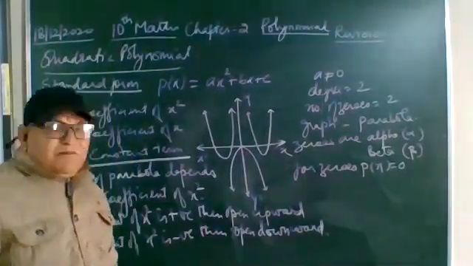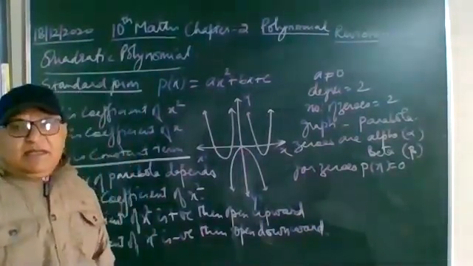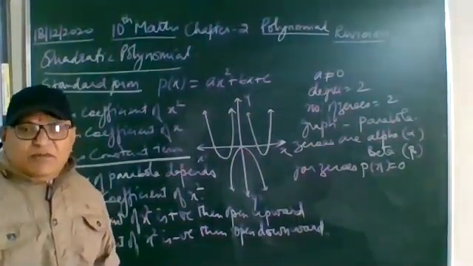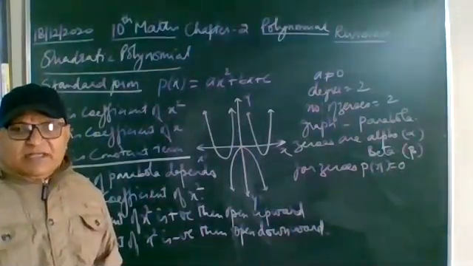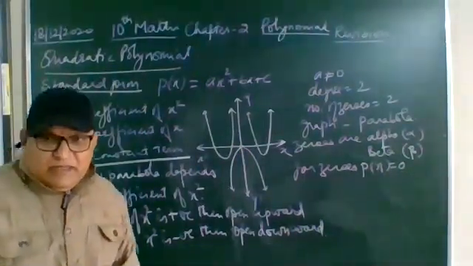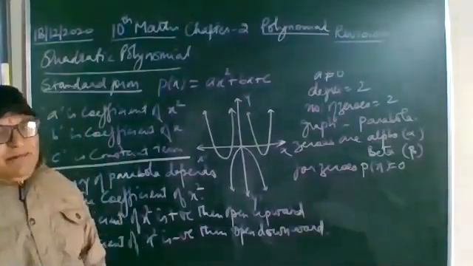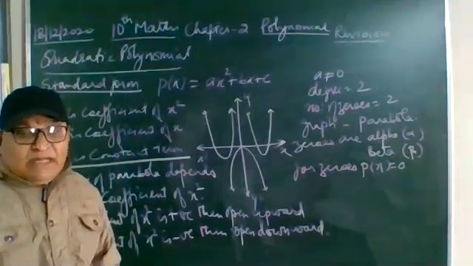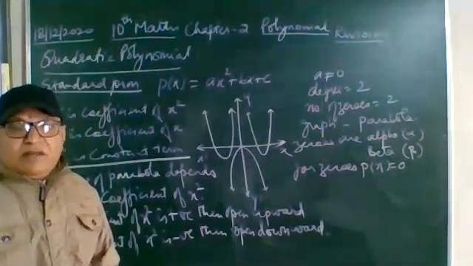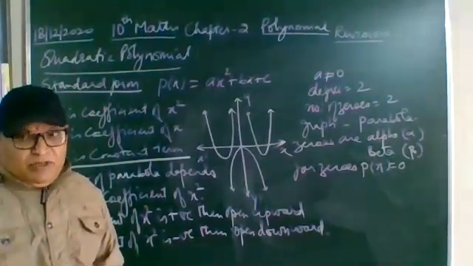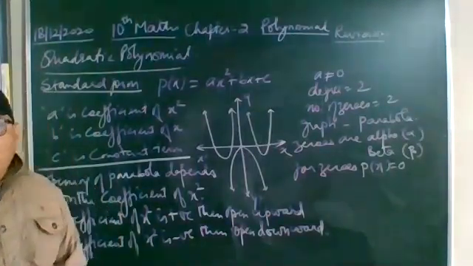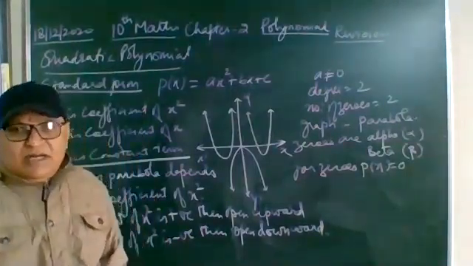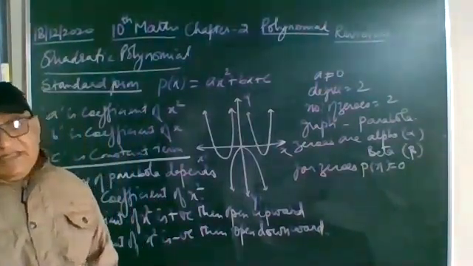If the parabola is not intersecting or touching the x-axis, then what will you say? The parabola has no zeros. That is very important. Sometimes they give a parabola but it is not intersecting the x-axis. But before that, you have to see what the variable in the expression of the polynomial is. If x is the variable in the expression, then the parabola should cut or touch the x-axis.